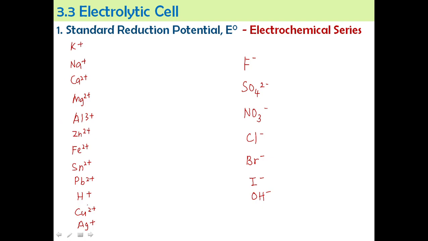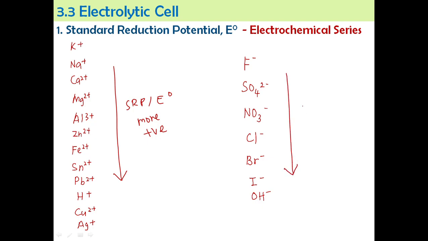Sebab untuk cation makin ke bawah, SRP value ataupun E0 value dia lagi positif. Okay, untuk anion makin ke bawah series ni, the SRP or E0 value makin negatif. Okay? Jadinya by using the electrochemical series pun boleh juga tentukan siapa yang akan terpilih untuk undergo reduction at cathode dan oxidation at anode.